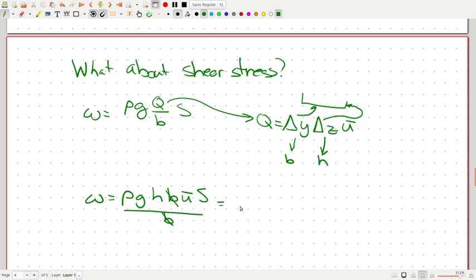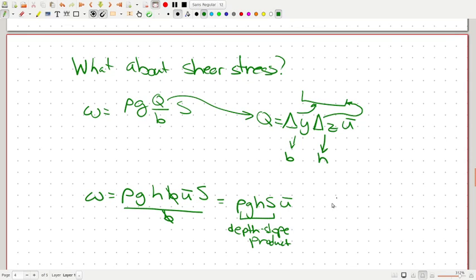So this is equal to rho g H S, velocity. And we know from the depth slope product that for a steady uniform flow, this is equal to the bed shear stress. So therefore, we can say that omega is equal to tau b times velocity. So there's this direct relationship between those two terms.